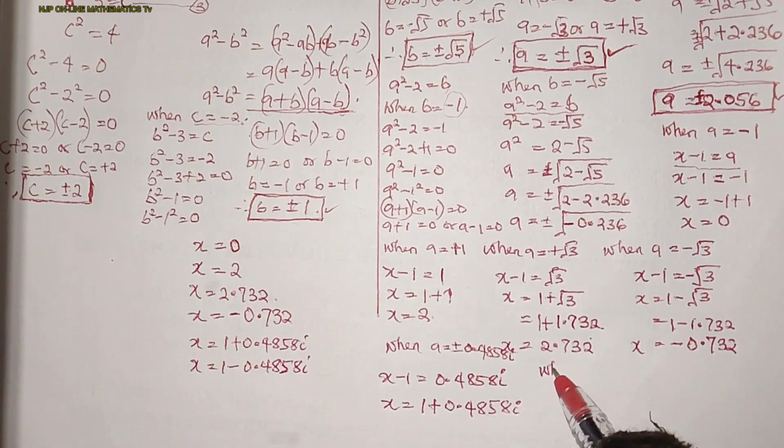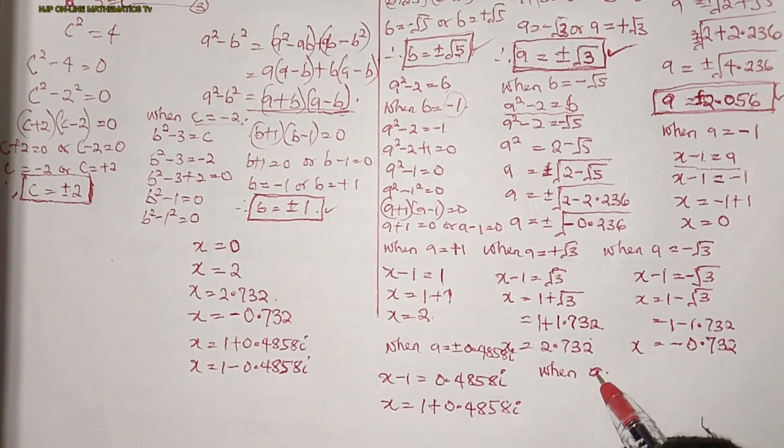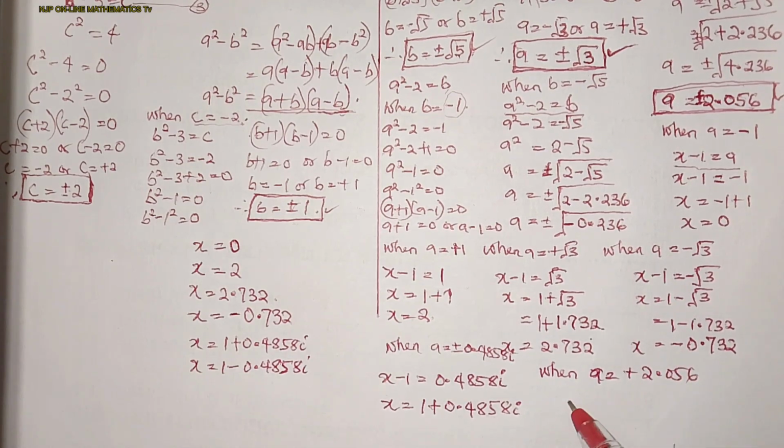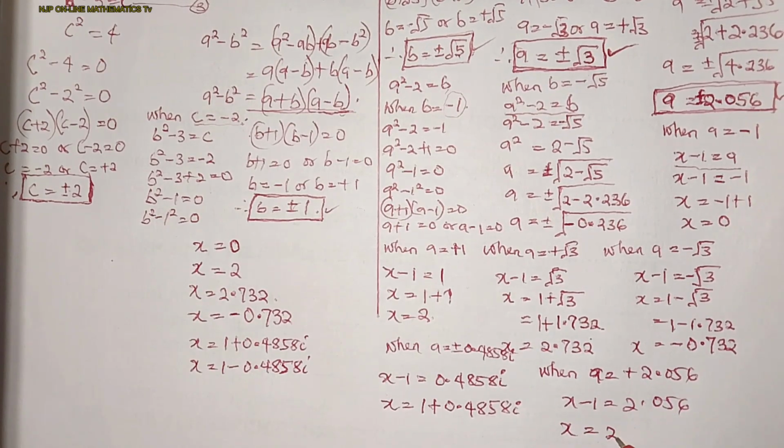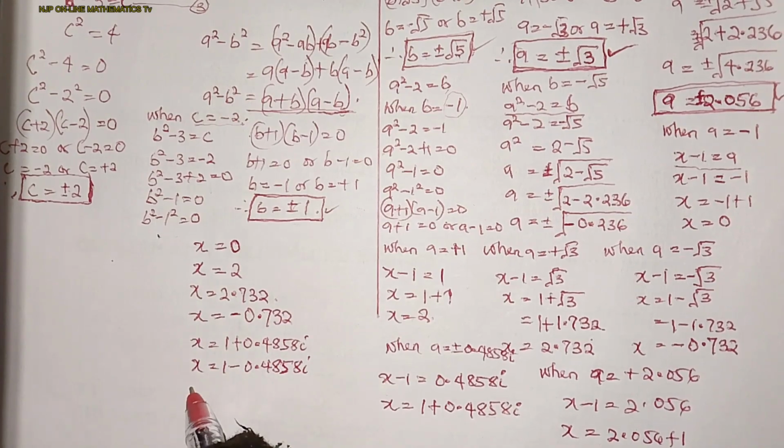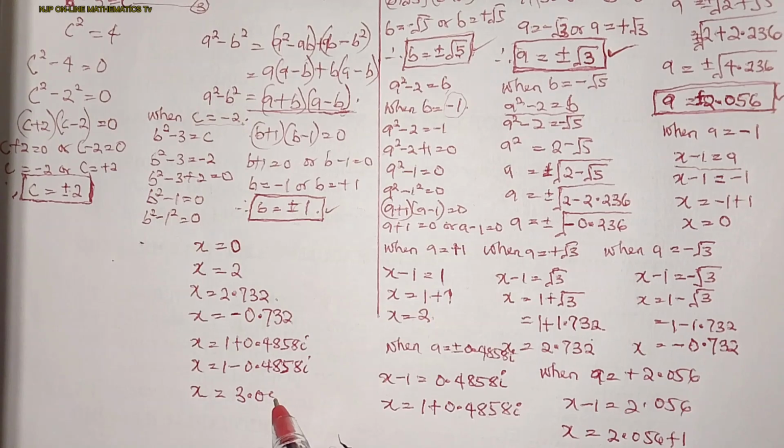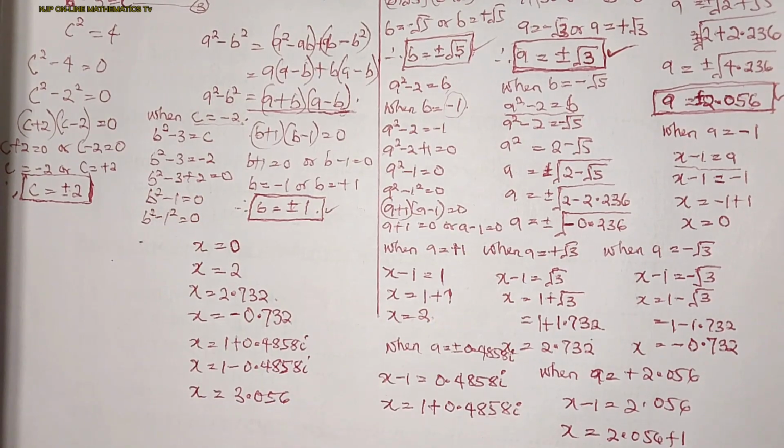So when a equals positive 2.056, then x minus 1 equals 2.056, and this x equals 2.056 plus 1, and we have that x equals 3.056. That's another value of x that we have now obtained.